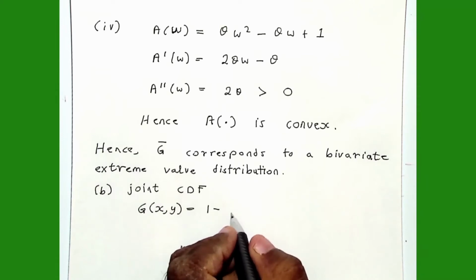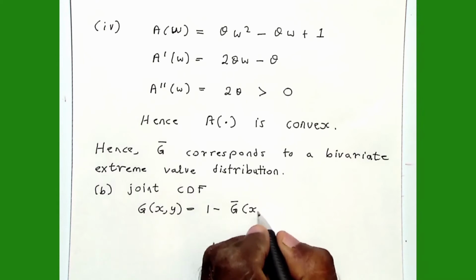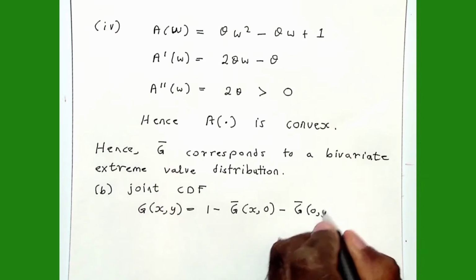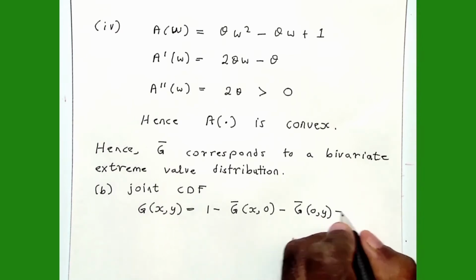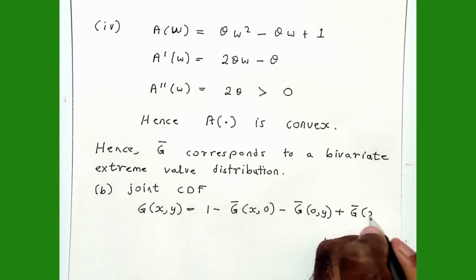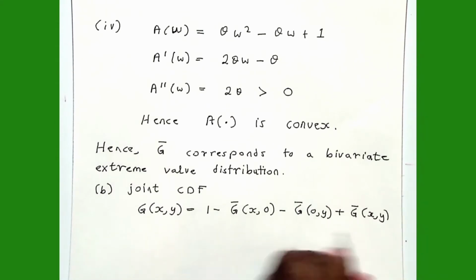So I did a video on this some time ago, so you should look at that video. This is a relationship between a joint CDF and a joint survival function. So use this relationship to get the joint CDF from the joint survival function.